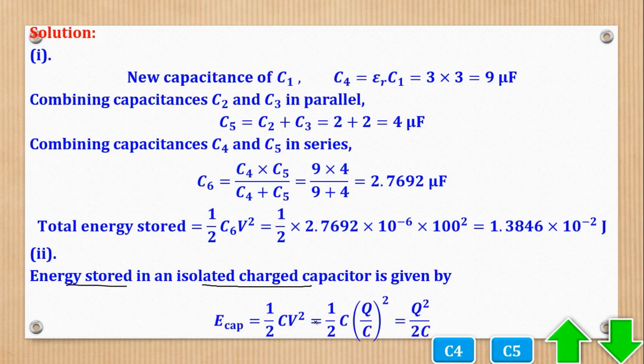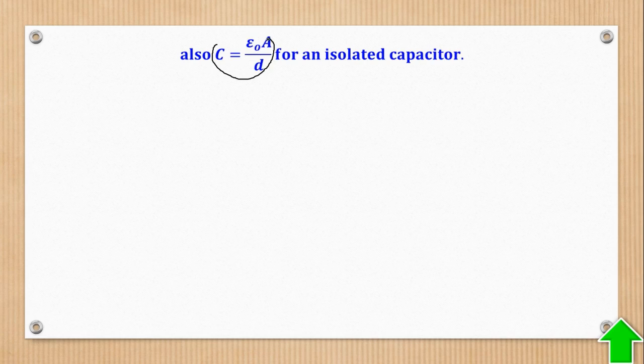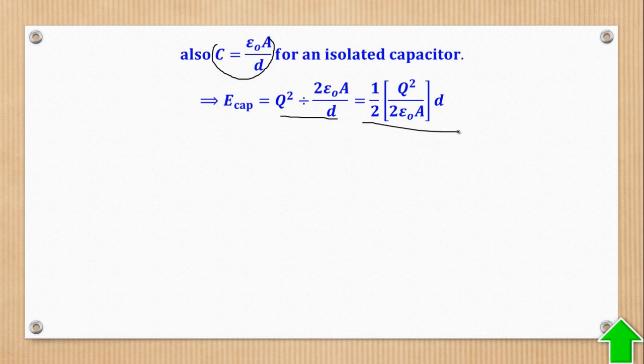I have half CV squared, where we can substitute for V to give you this other formula for energy. Also, we know that C is equal to epsilon naught A over d for an isolated capacitor. Isolated means space between them is filled with a vacuum. So we are going to substitute for C to give you this, and in the end simplify to give you that.